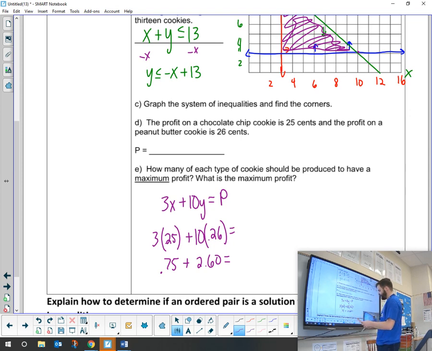Add those together, 2.60 plus 0.75, we're going to get $3.35. So my maximum profit is going to be $3.35. Okay? So that is how we decide what our maximum is. It also tells us how much we could get in a package if we're just buying random packages.